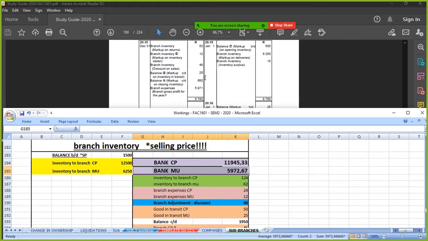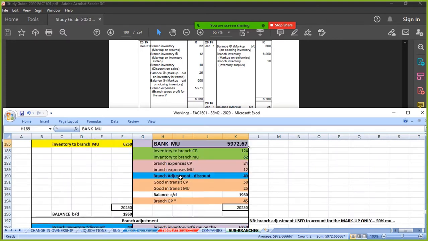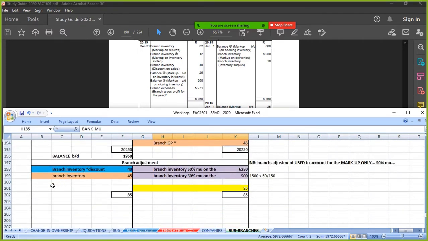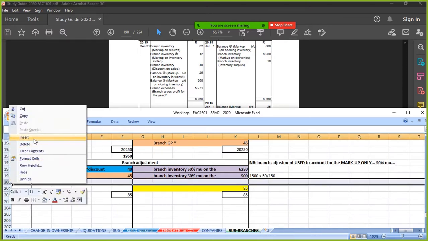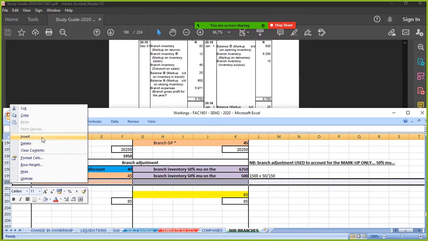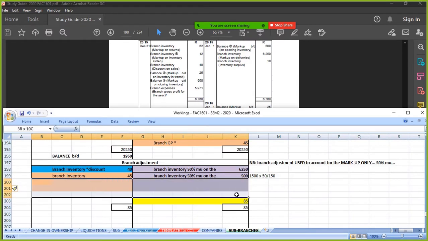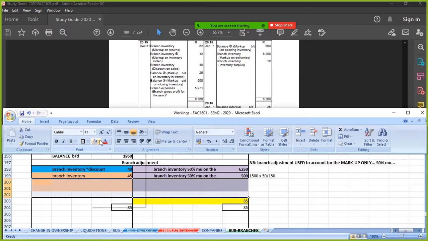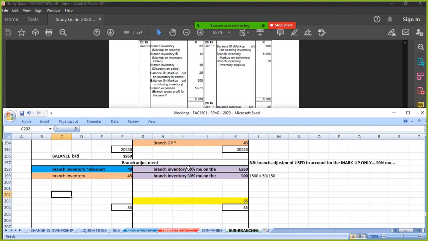Okay, so go to your adjustment account here. Okay, this figure that I had calculated there is going to be the markup on the sales. All right, so reference that over here. Okay, so what did I have?